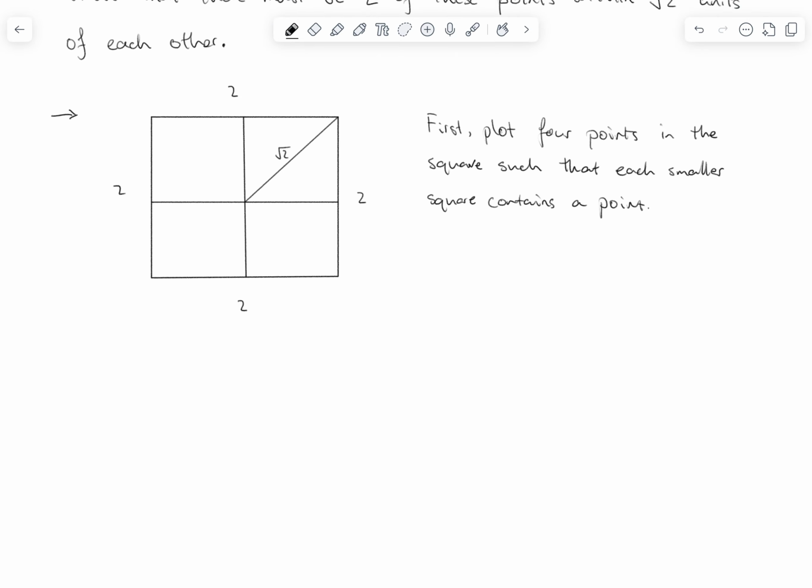So I'll write down what it is. The pigeonhole principle.